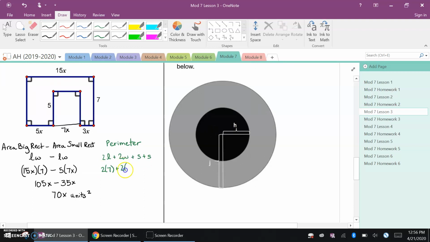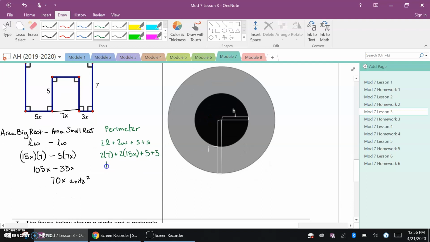We have 2 widths that total 15x. And then we have a side that is 5 and 5. So if we do that, we have 14 plus 30x plus 10. And combining like terms, we are going to get 30x plus 24, and then that's just going to be units.